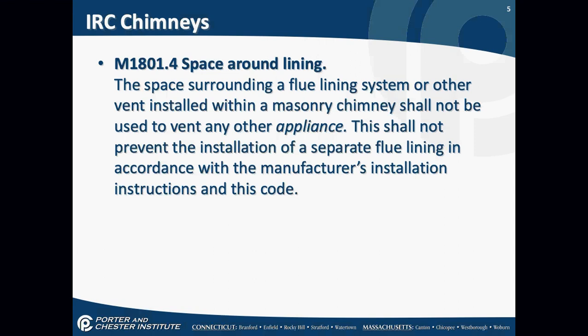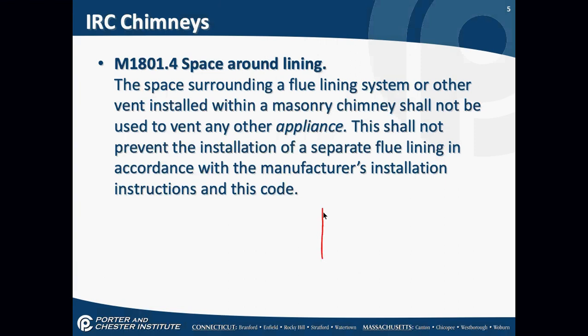We can't use the unused area unless we put another pipe down the chimney. This is when you get to an old house with an ancient chimney. A lot of times that chimney is very large.